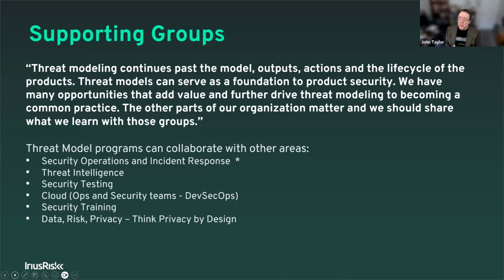With a new product or whatever you're working on, you model, decide what to do about it, and validate things. We have a whole life cycle of our model in a particular product. And we do more models, find commonalities, and adjust and adapt. But one of the things I've been saying for a while is that it's a foundation in your product security program as well, right? So it taps into so much more.